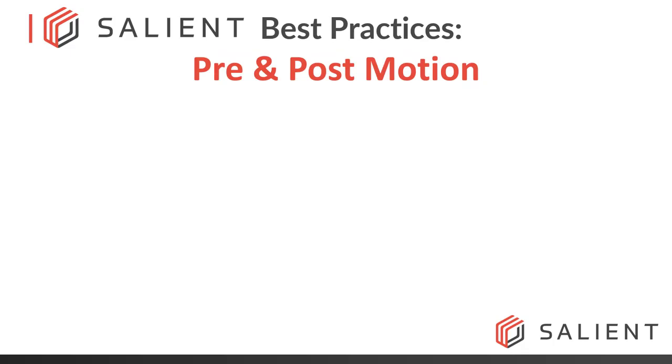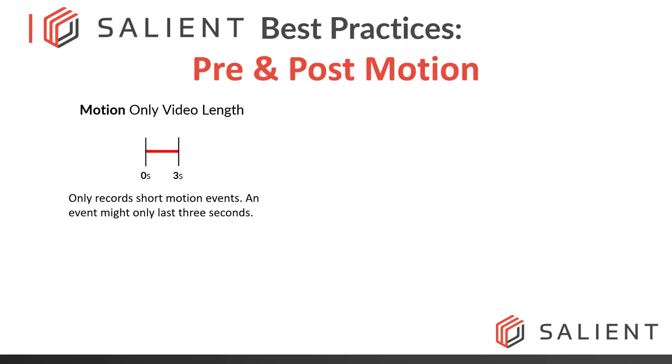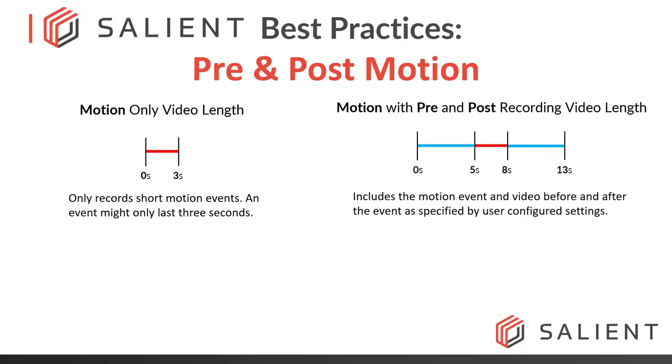I would like to take a moment to give you a Salient Training Best Practices tip. Without pre or post motion recording, a motion event like someone walking through a door may only take 3 seconds and produce a 3-second clip of video. Using the configuration we just finished, our server will not only capture the 3-second motion event, but it will add 5 seconds of pre-recorded video at the beginning and 5 seconds of post-recording at the end.